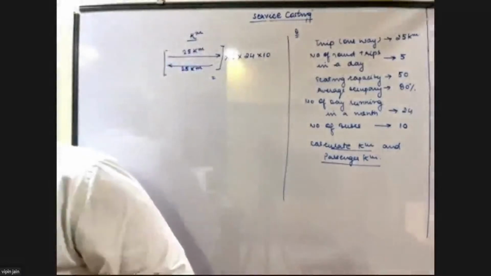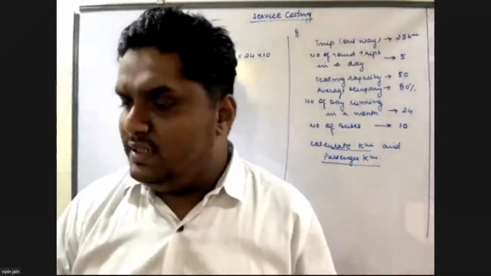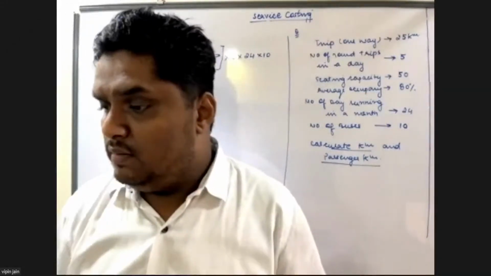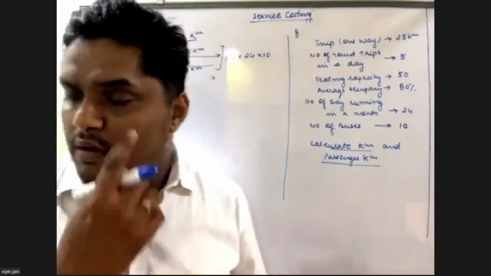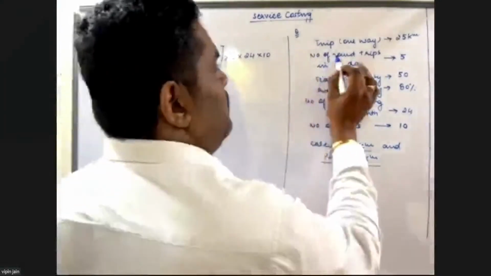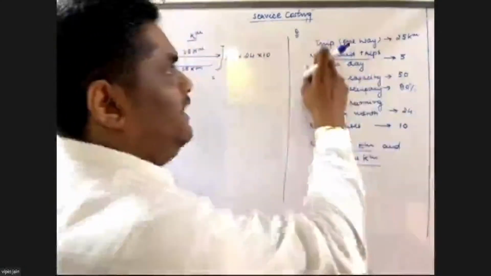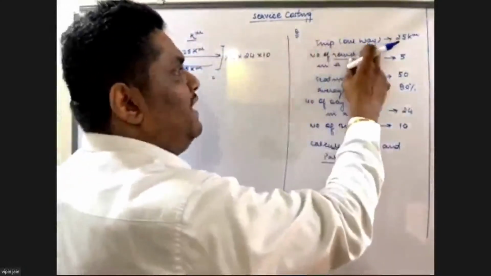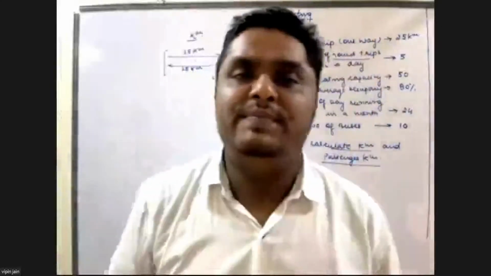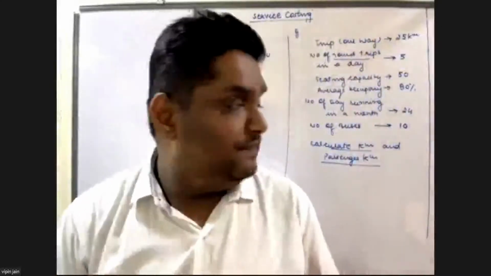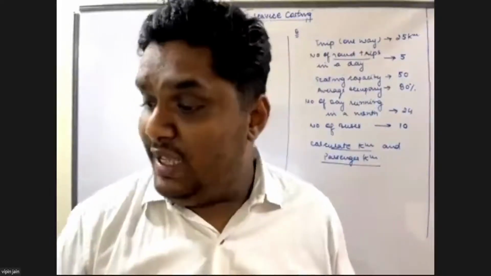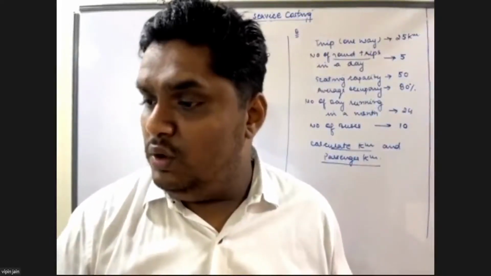So in aggregate, Komal, very good. Your answer is correct. Herein, the round trip is what it means, onwards and return. And for the trip, I have mentioned it clearly one way, that is only onward trips is of 25 kilometers. Sushil, I think you have not posted the answer only.